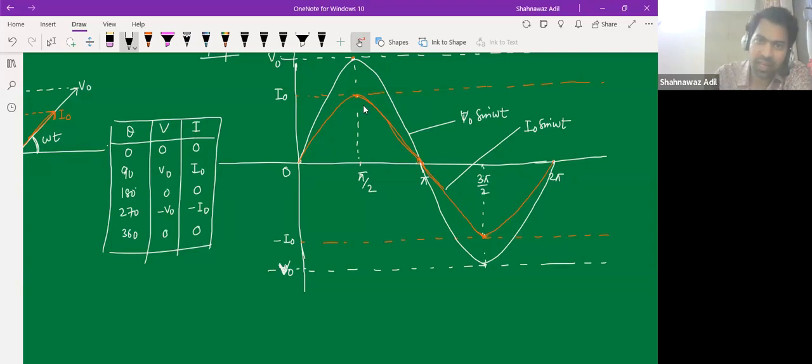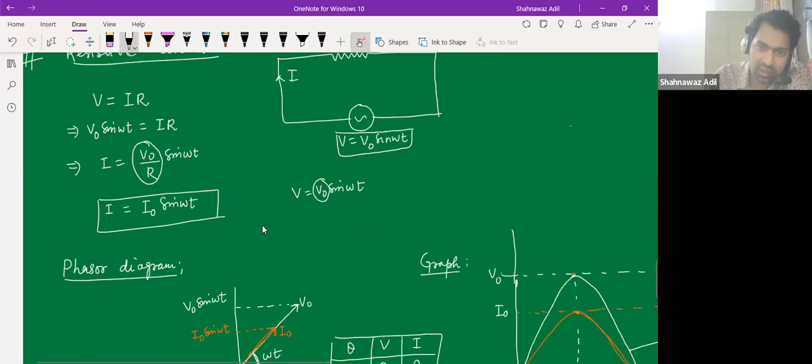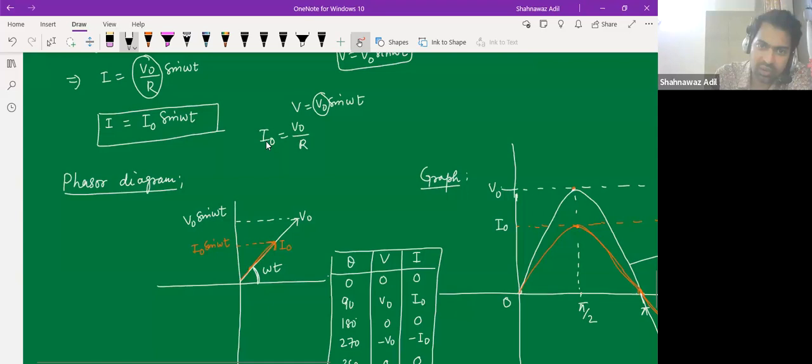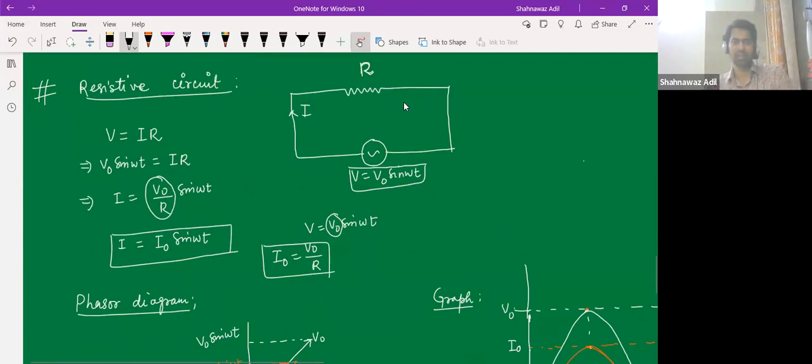So these are the two graphs that we have found, right? And we can clearly see from here that I naught is V naught by R. So R is greater than 1, so this I naught is smaller. That is why I have drawn this I naught as smaller, right? So I naught value is smaller than V naught. Okay, understood? Yeah, sir. Okay, so then please note down this part and then we'll write about all these other.